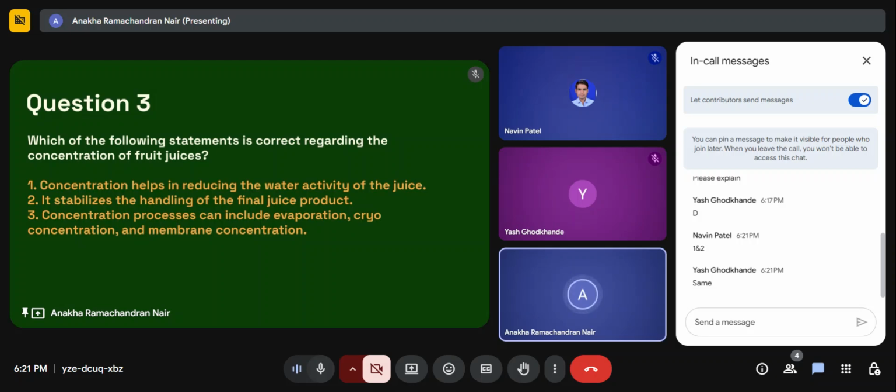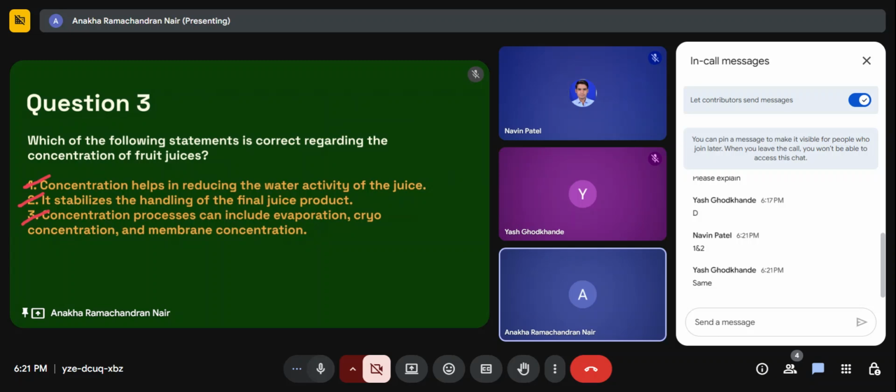Concentration does help in reducing the water activity of the juice, because some amount of water will be removed when you're concentrating it. It does stabilize the handling of the final juice product, and the concentration process can include evaporation to remove water, cryoconcentration again to remove water, and membrane concentration to remove water, right?